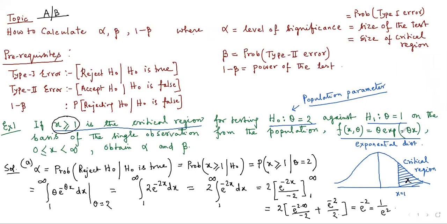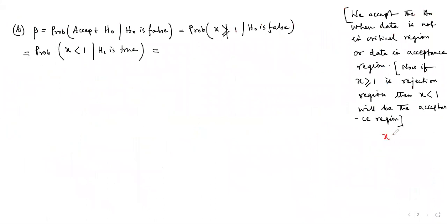Now, if I want to find the probability that x is less than 1, we have to consider this probability function. But be careful about the probability function. This probability function is defined for a certain range of the independent variable x. If x greater than or equal to 1 is the region W, then its complementary region will be x less than 1, and x less than 1 means x is taking values from minus infinity to 1.